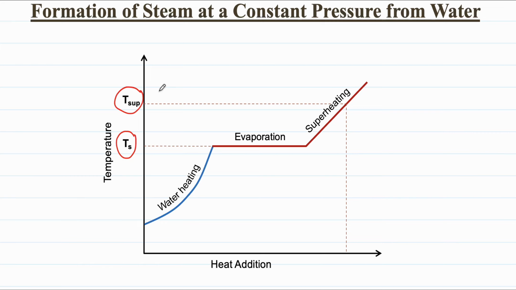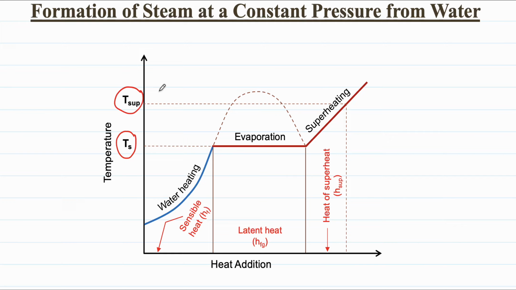And if we divide the heat added into 3, sensible heat where the water is just heated, and we have latent heat which is represented by HFG where water evaporates, and we have the heat of superheat which is represented by HSUP.